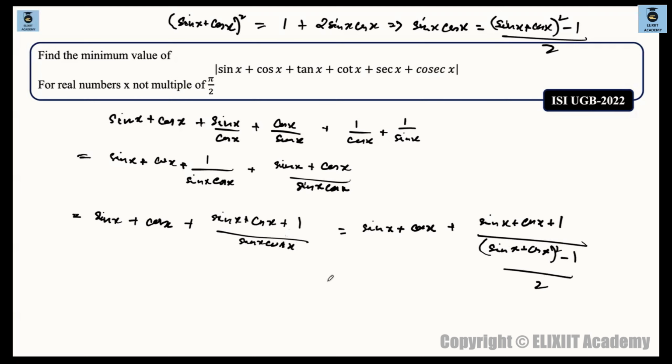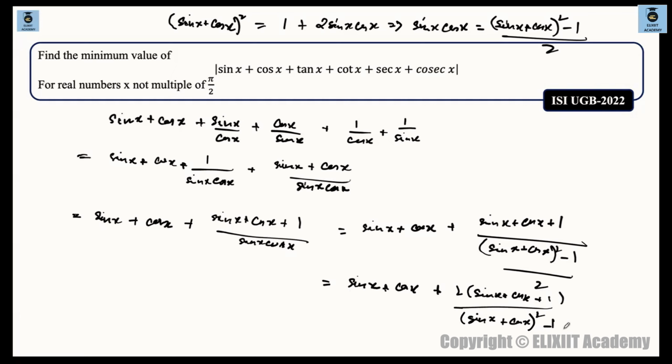And once you reciprocal this thing, so final में जाके this will be sin x plus cos x, ठीक है, प्लस ये घुमा दो तो ये बन जाएगा 2 times of sin x plus cos x plus 1 divided by sin x plus cos x whole square minus of 1. चलो, we are having this much, we have simplified.